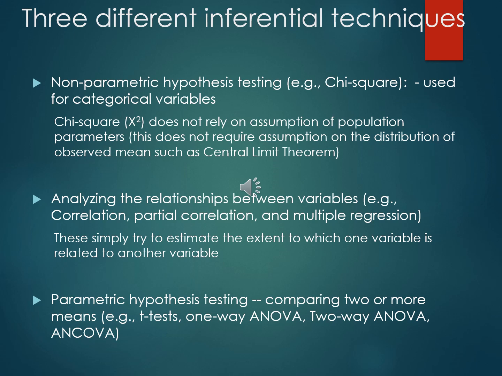And then finally, parametric hypothesis testing, when your central tendency is expressed with the mean, for example, when your measurement scale is interval or ratio. In that case, parametric hypothesis testing uses the t-test, one-way ANOVA, two-way ANOVA, or analysis of covariance.